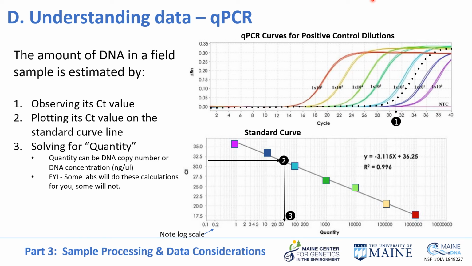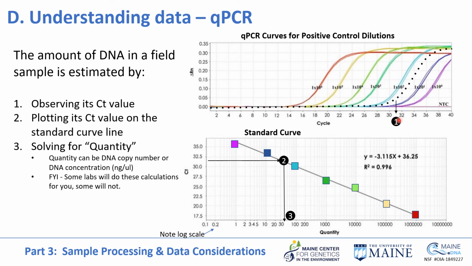Now, making one of these standard curves is really useful because remember, your field samples, you don't really know how much DNA is in there to start with. But what we can observe if you run that PCR reaction is the CQ or the CT value, or when, like I'm showing you here, this is our field sample in the dotted black line, when this curve starts to pop up. And here it's about 31, okay?